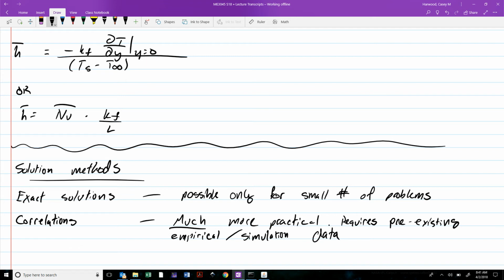So things like turbulent flow over flat plates, flow around circular tubes.